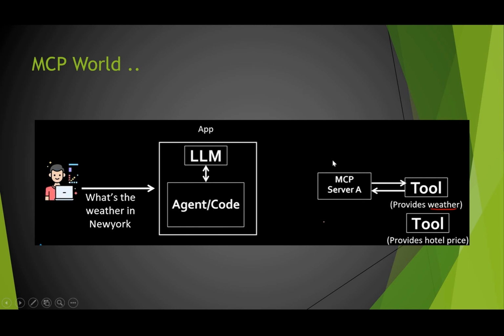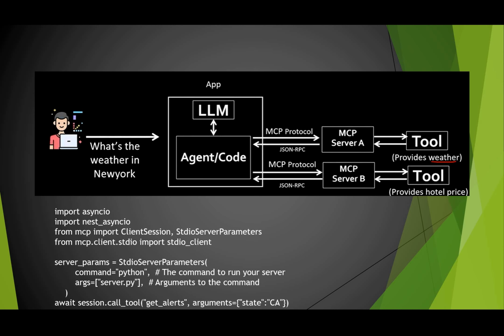You can see in this slide, the developer who is the provider of this tool needs to develop and expose this MCP server. Similarly, another developer of, say, hotel prices needs to provide MCP server B for all those hotel related services.